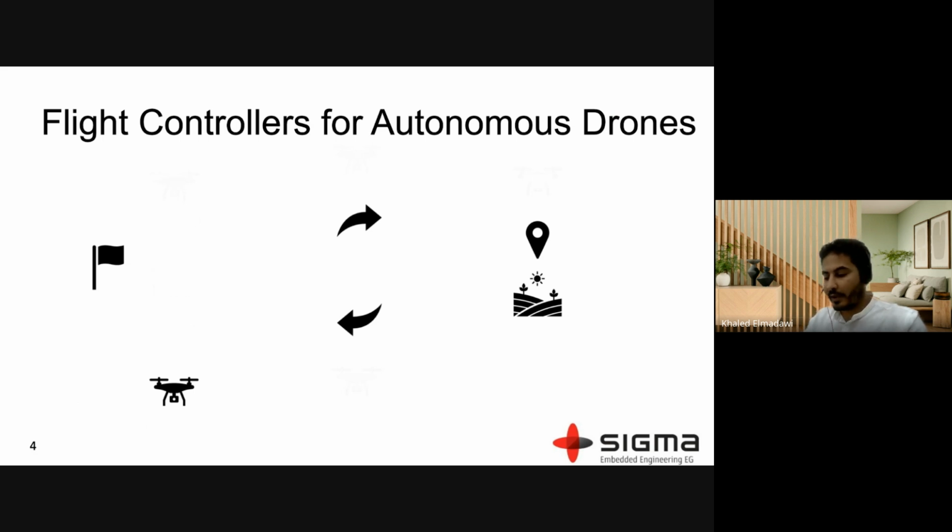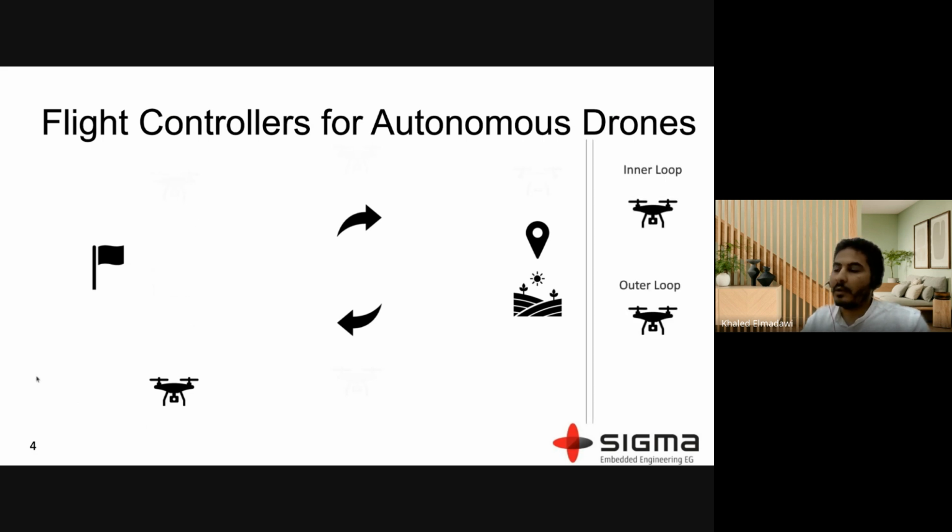The first control layer is called the inner control layer. The second control layer is called the outer control layer. Of course, much more complex systems require many different control levels, but we are talking here about the bare minimum for a drone to achieve a task in an autonomous manner.